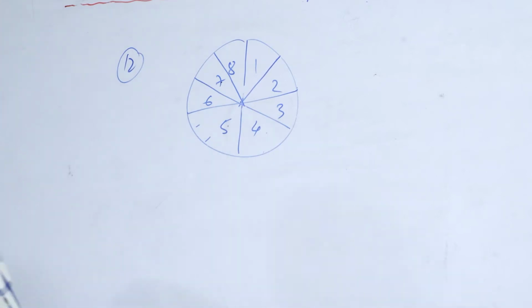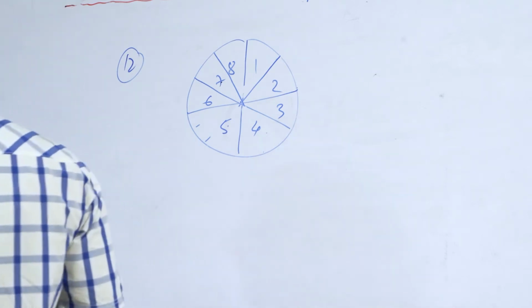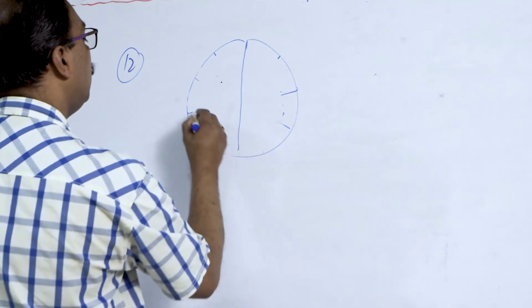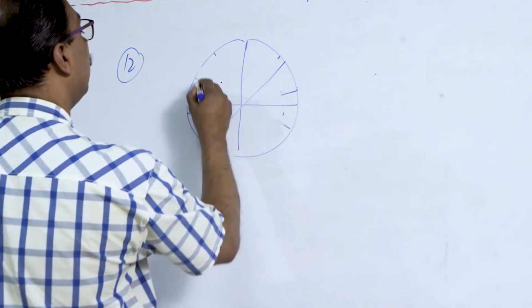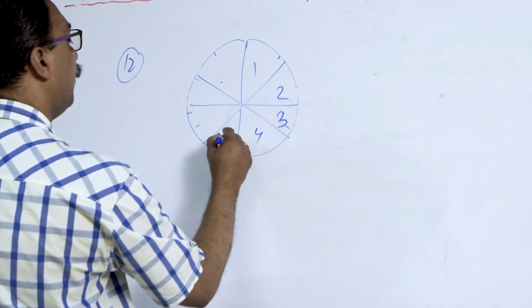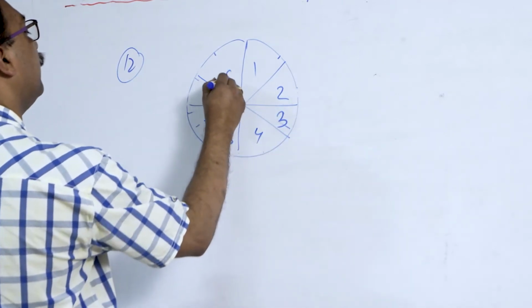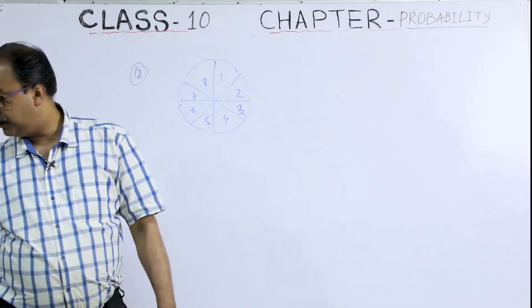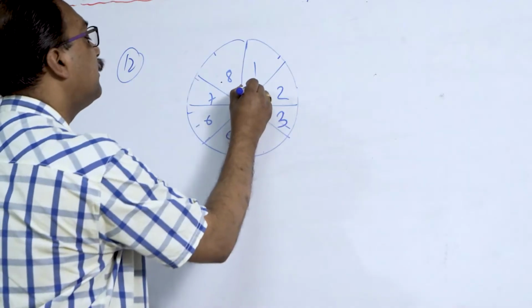So the cross one. Okay, I'll rub this one and draw it once. 1, 2, 3, 4, 5, 6, 7, 8. These are dark places, and the arrow is given at the point of 1, suppose, like this.